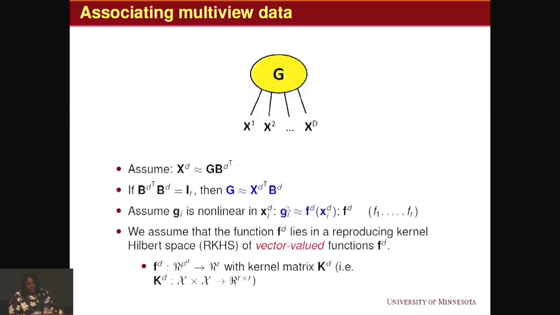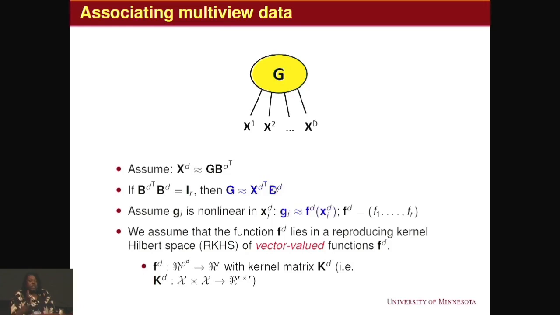If you look at this approximation, you can think that the B_d here serves as a linear mapping that maps each entry or each row in X_d to a row in G. And this B_d has been assumed to be linear in the statistical literature.